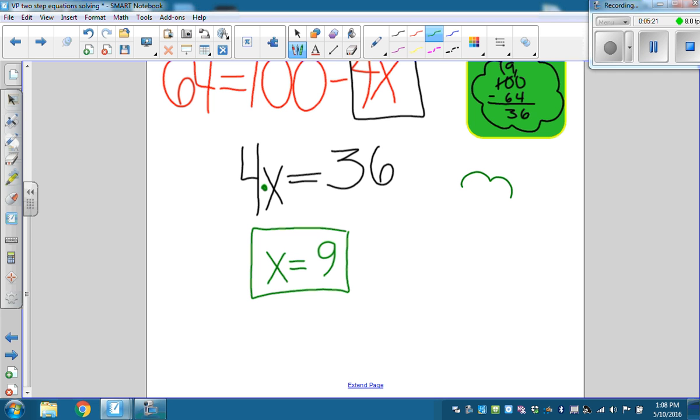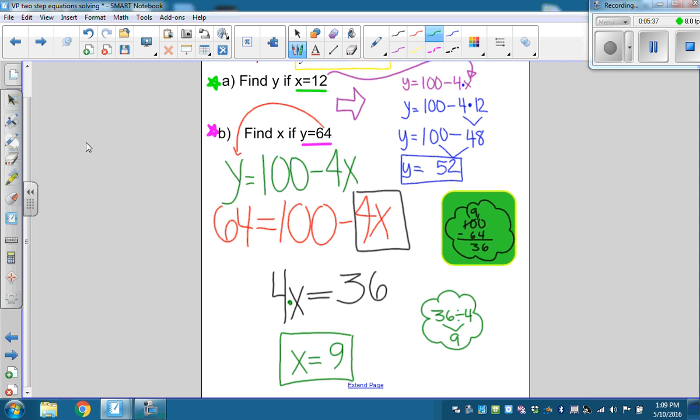If that's not something that you can do right away, remember the opposite of multiplication is division. So you have to do 36 divided by 4 to get the 9. So we kind of zoom out a little bit. When y is 64, we figure out that x equals 9.